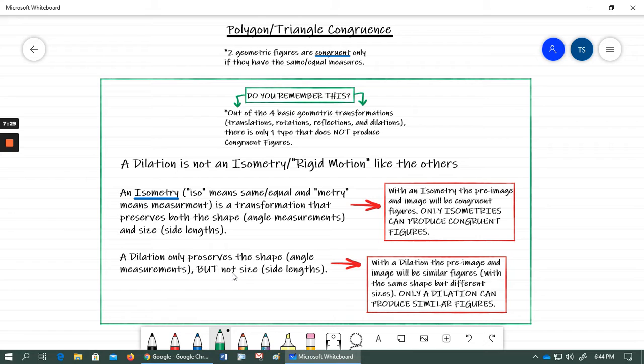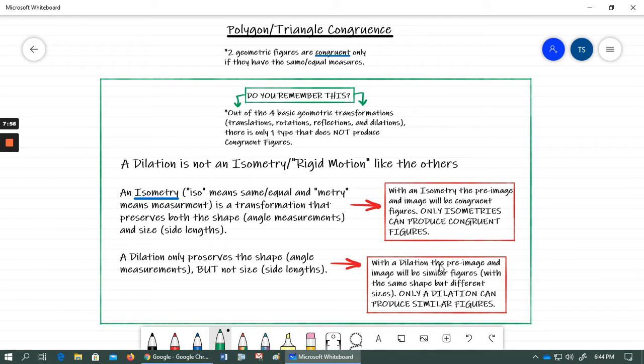meaning that it does not preserve your side lengths. Usually, when we're discussing congruence, not that it has to be, but usually it is referring to more complex geometric figures like polygons. And again, a dilation can only produce similar figures.